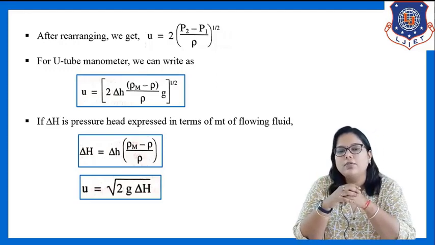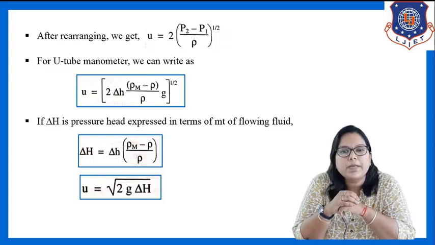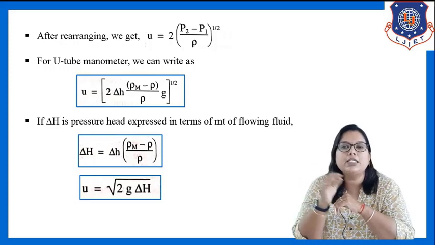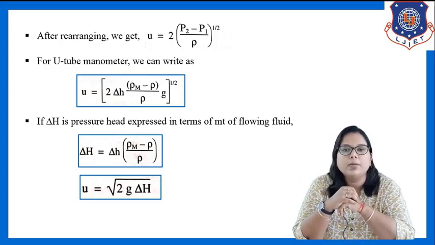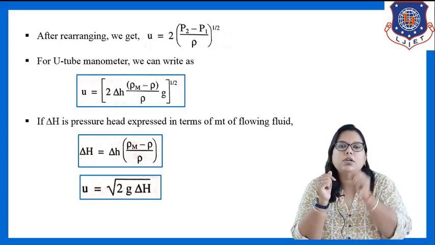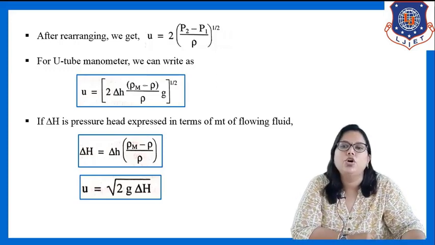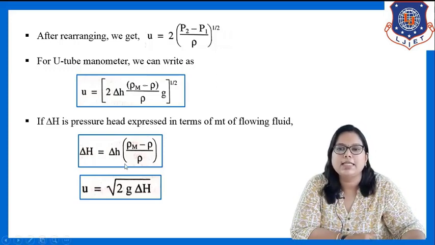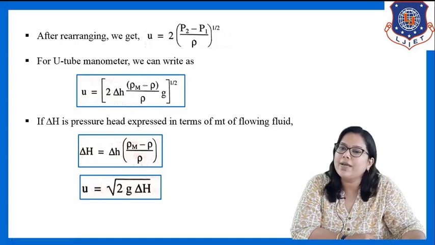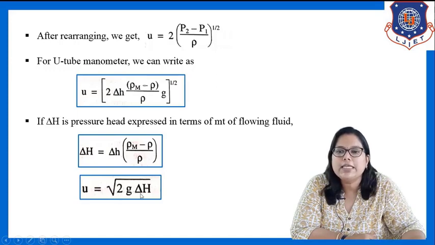We all know very well about head, which is expressed in terms of meter of flowing fluid. So, capital delta H is equal to small delta h into rho m minus rho upon rho. See this, capital delta H is small delta h into rho m minus rho upon rho. So, this whole term will be replaced by capital delta H. So, now I can write that small u is equal to under root 2g capital delta H.